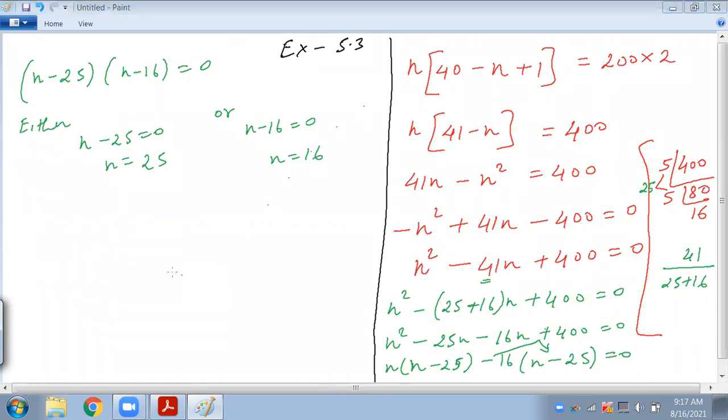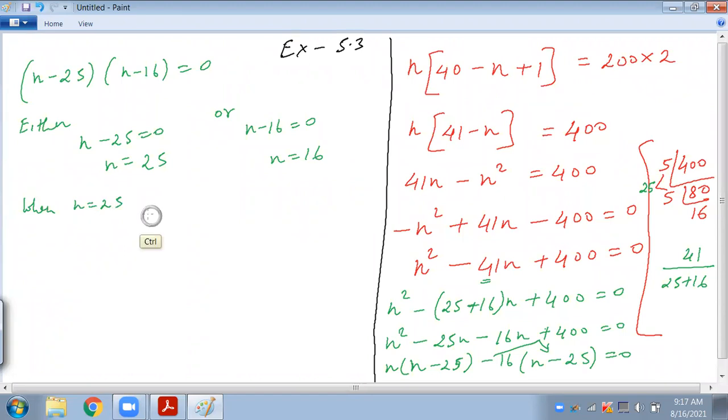So what are we going to find? Since we got n as 25 and 16, we'll find a25 and a16 and see what we get. Okay, let's find a25, when n equal to 25.